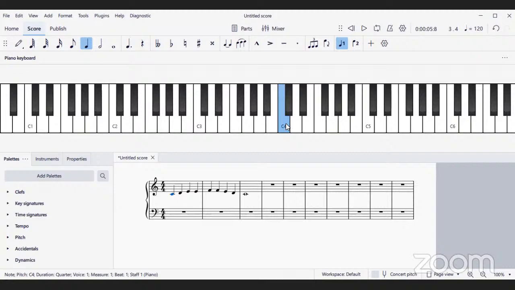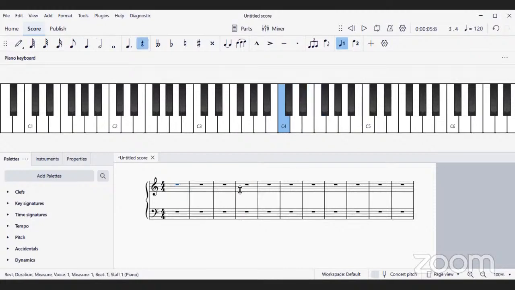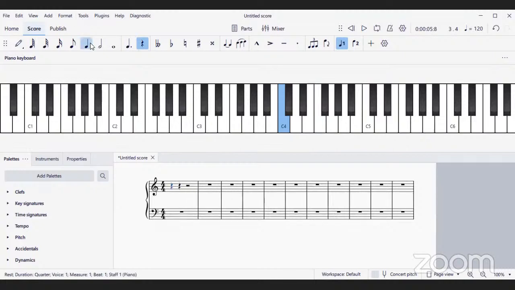Now, consistency is key at this point. Consistency is very, very key. I'm going to give you one more example before we call it a day. Now, look at this. Look at this now.